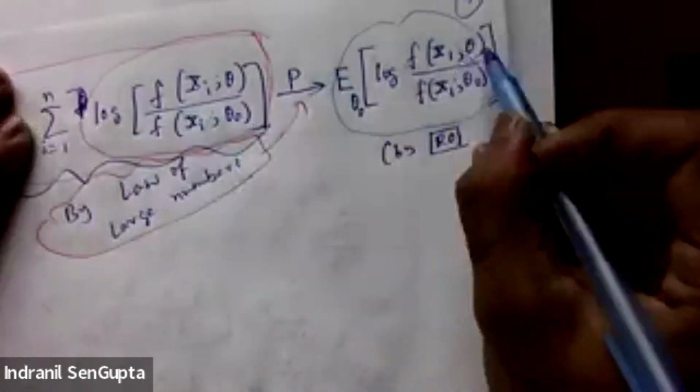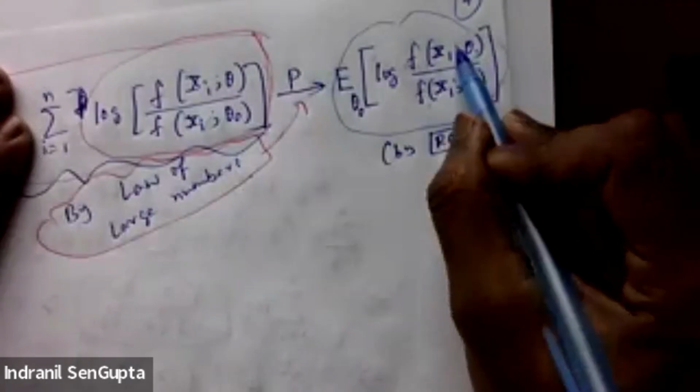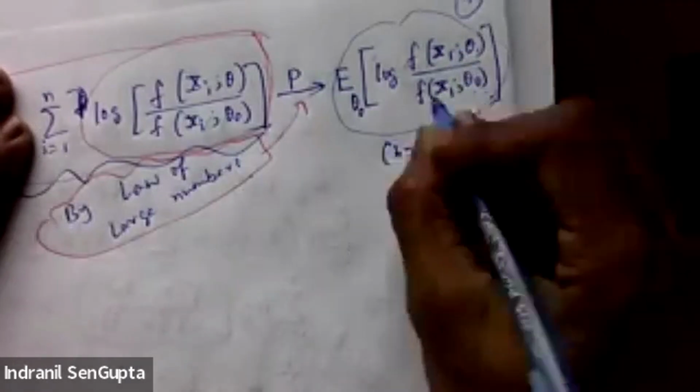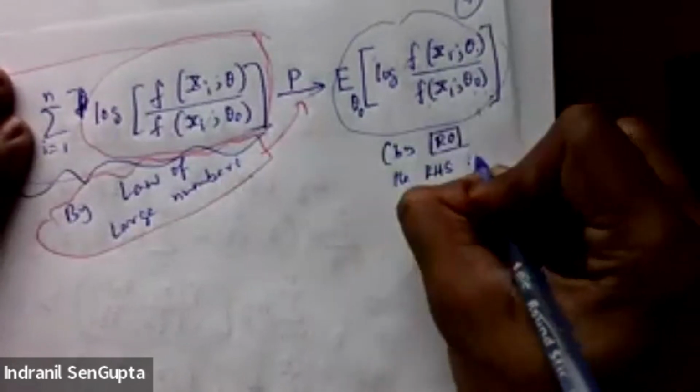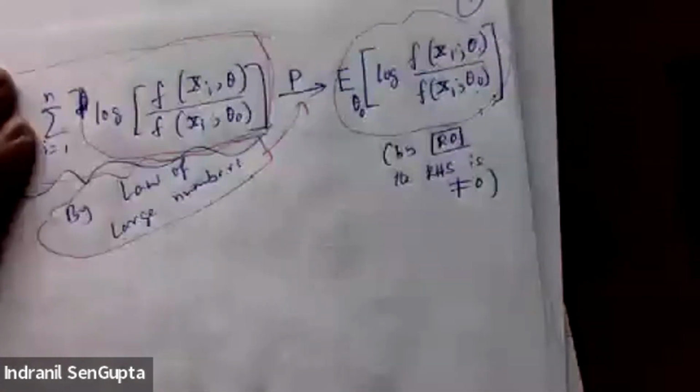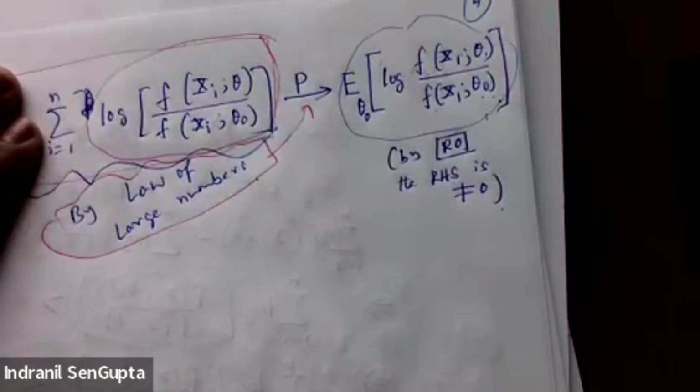We know that if the thetas are different, then these two are not the same. So by this, the right-hand side is not equal to 0. Here we use the assumption R0.